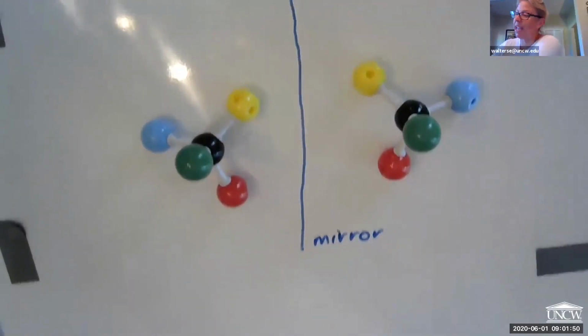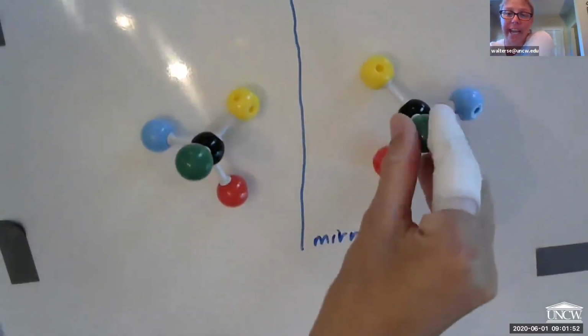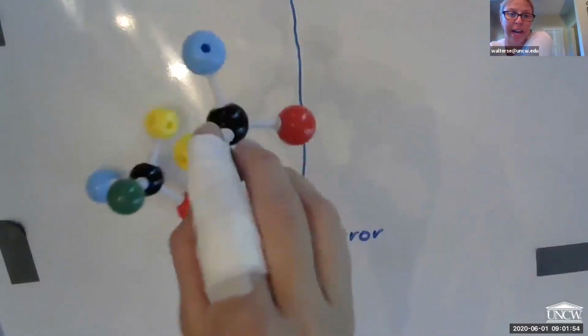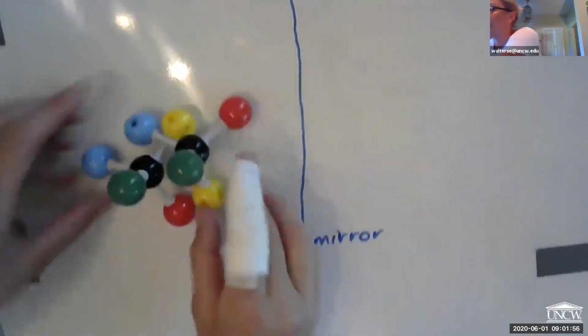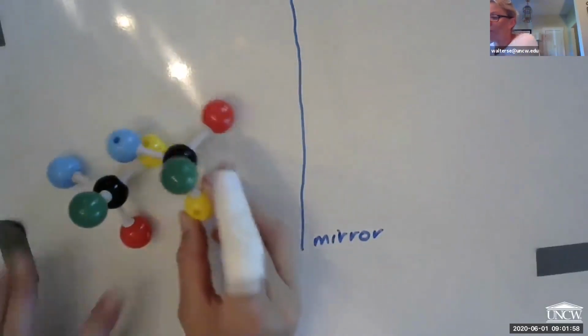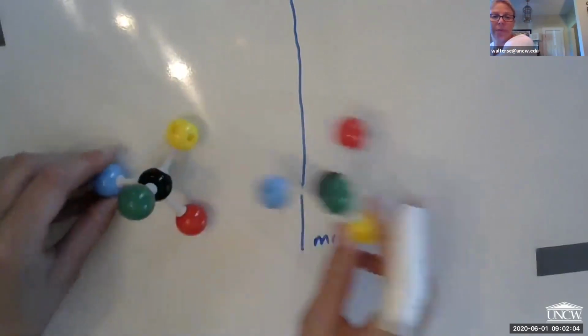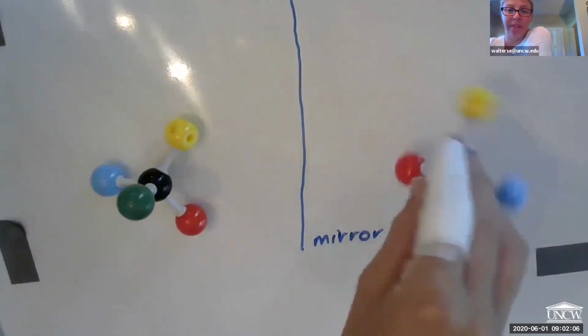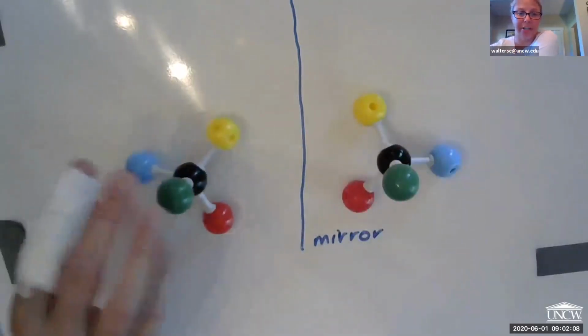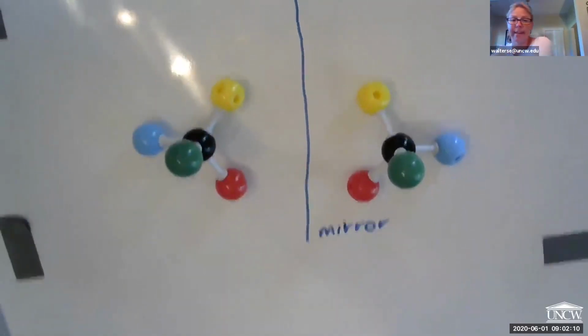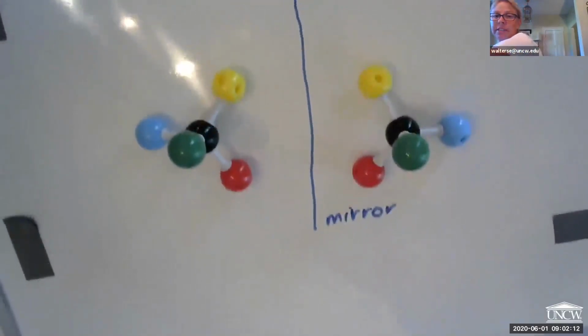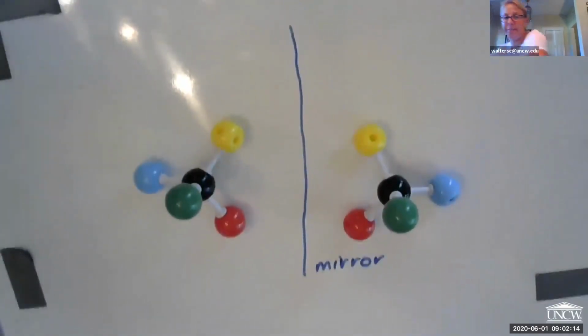But if you physically take one of the molecules and try to overlap it on the other, the best you're going to be able to do is line up 2 of the 4. So there's no way, with the exception of a chemical reaction, that you can make these compounds the same.